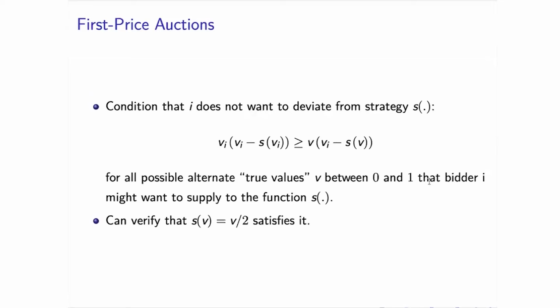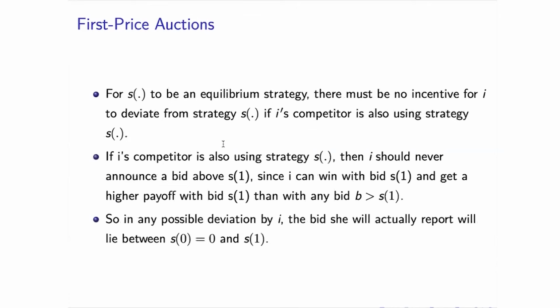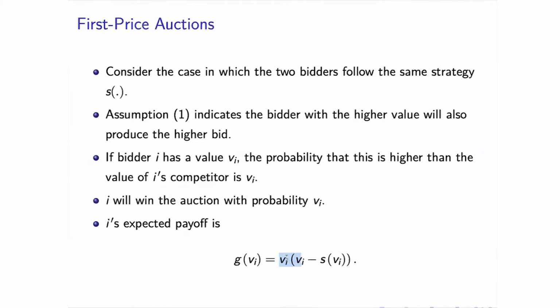So if I do not want to deviate from strategy S, this can be reformulated as thinking about my payoff from reporting my valuation truthfully to this function S. This is again different from saying that my bid is equal to my true value, because when I report my value, it goes through this function S and results in whatever bid is decided.